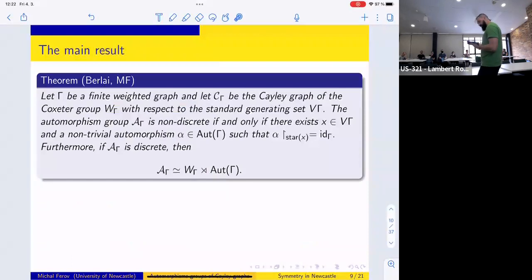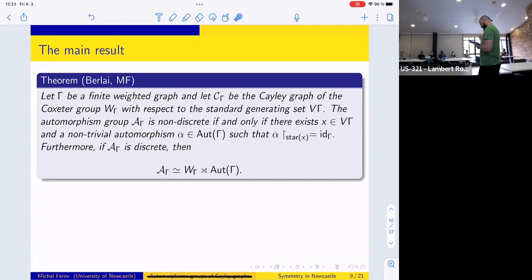With Federico, we proved that if Gamma is a finite weighted graph, and C gamma is the Cayley graph, and W gamma, I use W because it's the Weyl group, then the group of automorphisms is not discrete if and only if there exists some vertex in my defining graph and a non-trivial automorphism of the defining graph that fixes the star of that vertex, meaning that it fixes that vertex and all its neighbors.